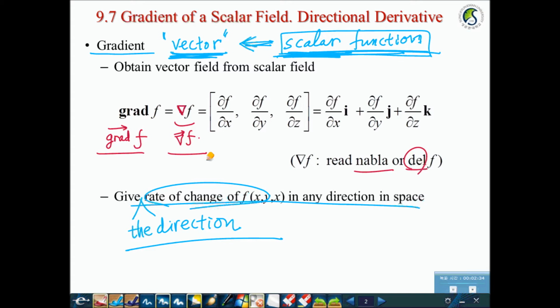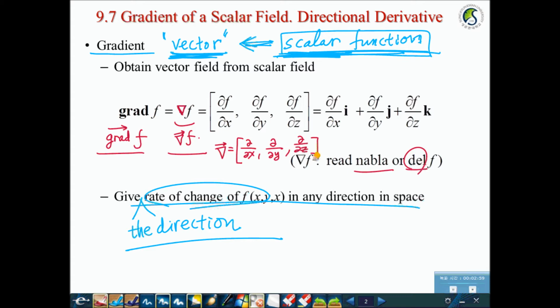All right? And the definition is this. Del f is a mathematical operation, right? Del is d over dx, d over dy, d over dz. That's the definition of del. This is the del operator.